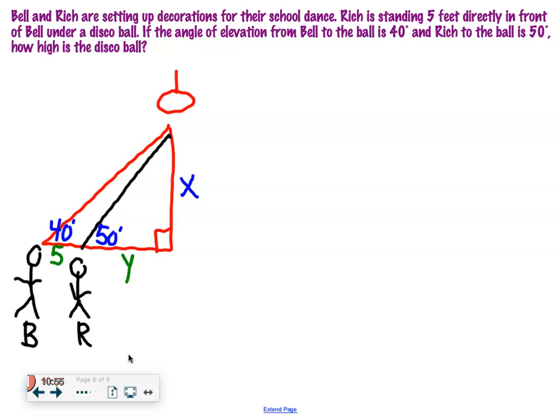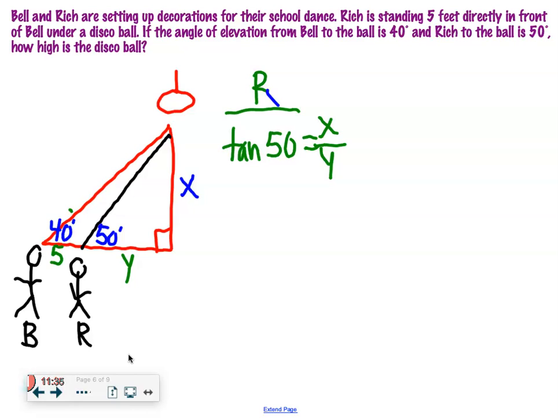Okay, now let's forget about Belle over here. If I were just to go from Rich, what would my trig function be? What's X with respect to 50? Opposite, and what's Y? So what trig function uses opposite over adjacent? Tan. So let's do this. Rich. R for Rich. Tangent of 50 equals X over Y. Now if I do it for Belle, what trig function would I use?